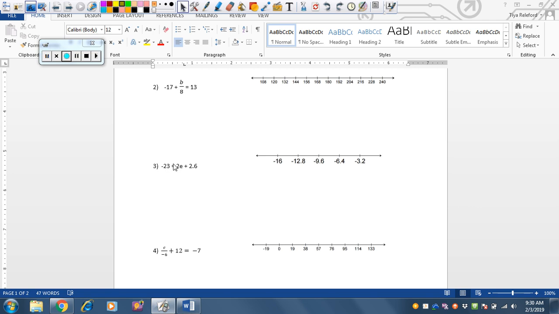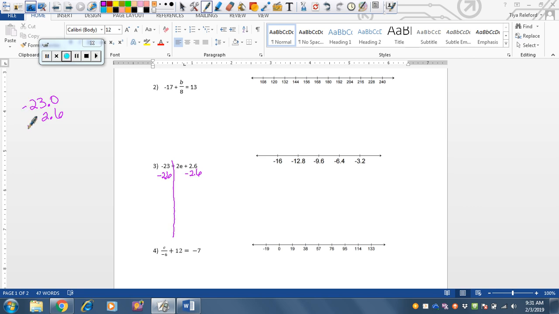Now I want to talk about number 3. So if you're stuck on something that looks like number 3, subtract 2.6. Here's the deal. When you write it like this, it looks like 23 minus 26. But this is 23 and 2.6. You still have to line up the decimals.